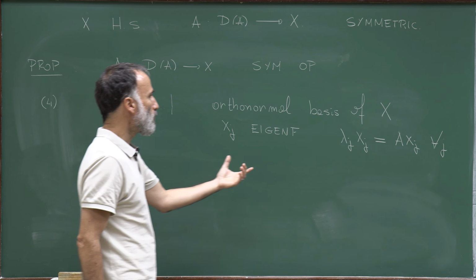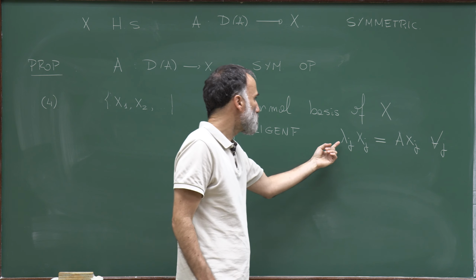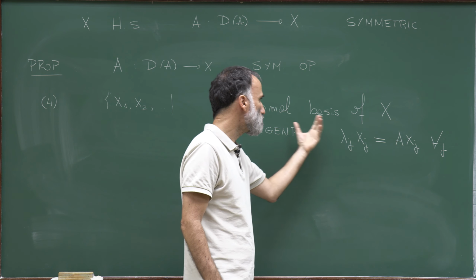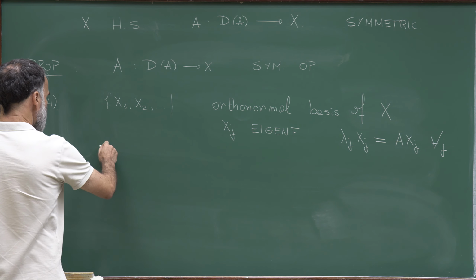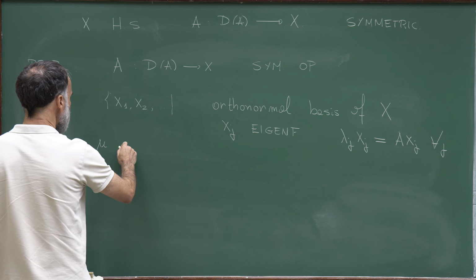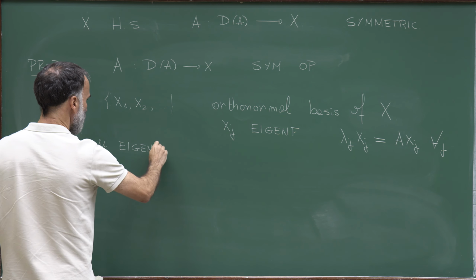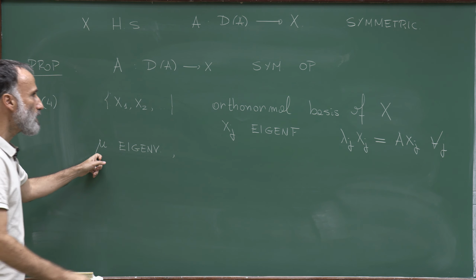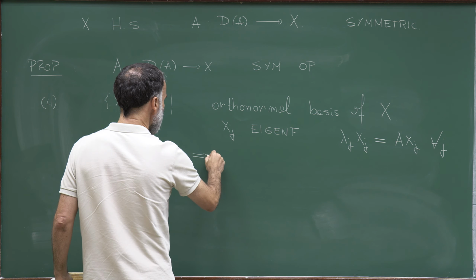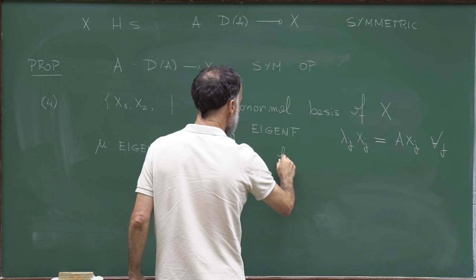So I have a countable family of eigenvalues. Well, maybe they are all equal. I'm not assuming that they are different. Now let's assume that mu is an eigenvalue. And what I claim is that then mu is equal to lambda j for some j.